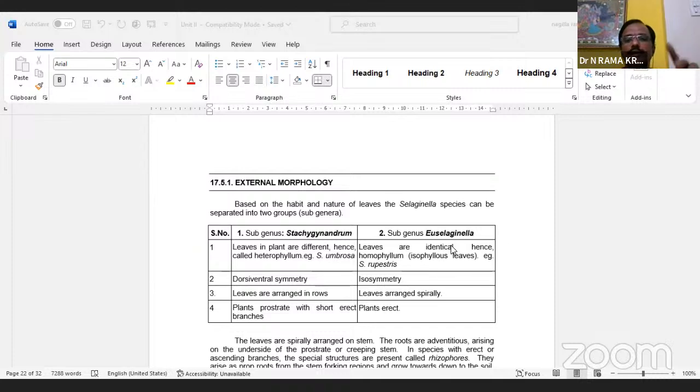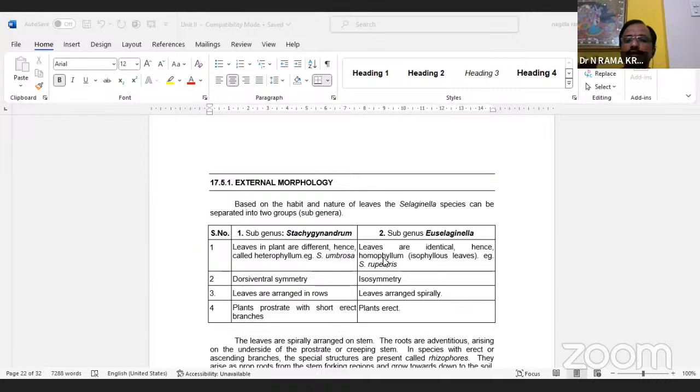Similarly, in the second one, Selaginella, the leaves are identical, hence it is homophyllous. In this subgenus all the leaves are similar, with the same type of structure and shape, so we call them isophyllous leaves. It is not dorsiventral but isometric.